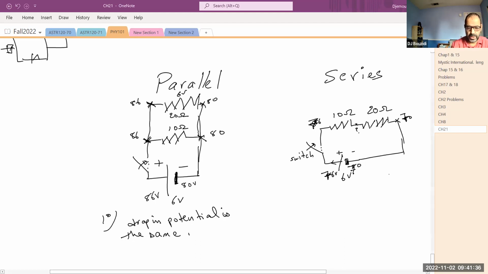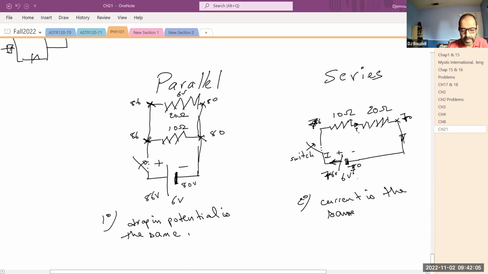So now here is the thing about this one. If there is a number of charges that leave per unit area, per unit time, which is the current, that charge is going to end up in here and is going to emerge because of the conservation of charge. So it's the same current everywhere, and it's the same current in here. Current is the same in a series configuration.